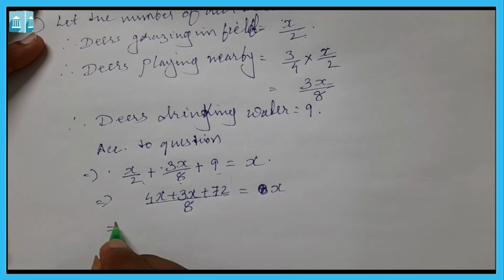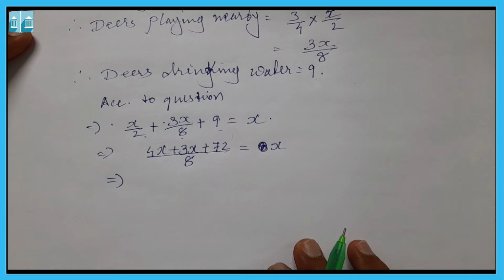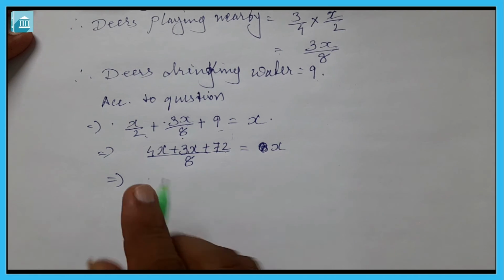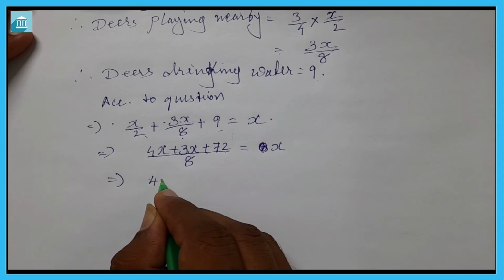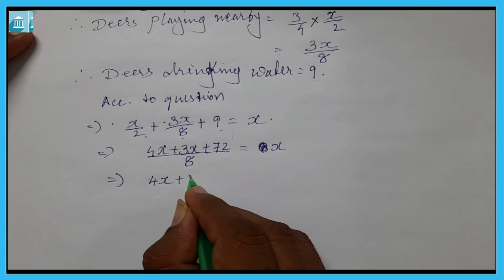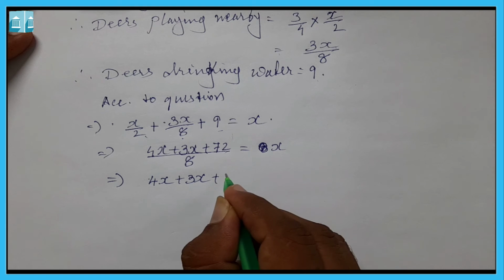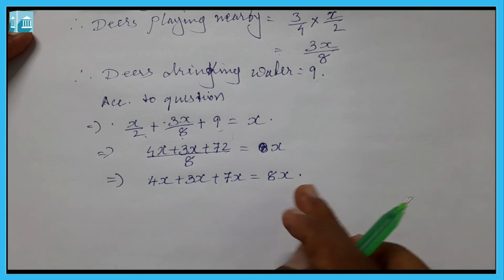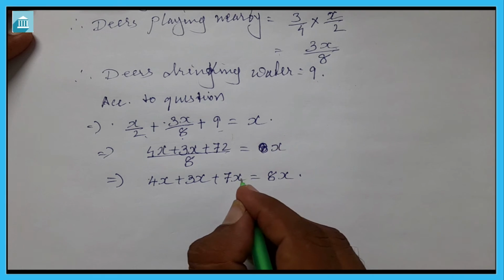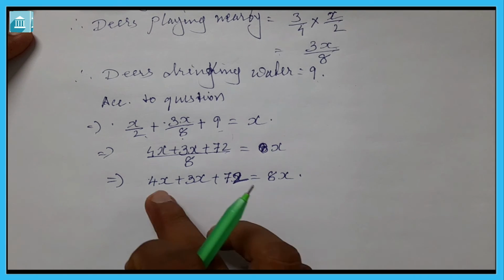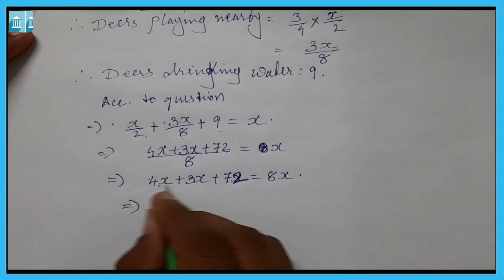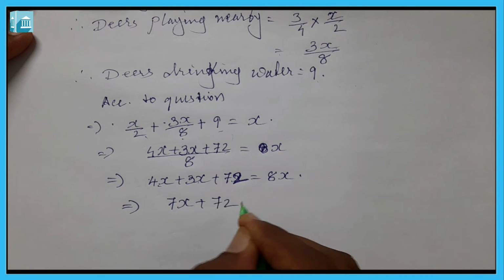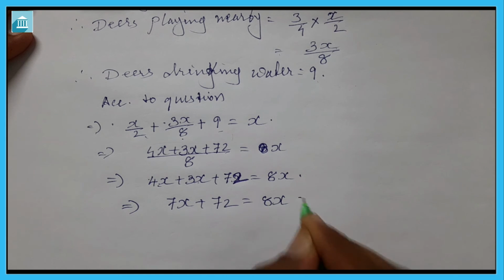Now if we cross multiply, this 8 will go here. So 4x plus 3x is 7x, plus 72 is equal to 8x.